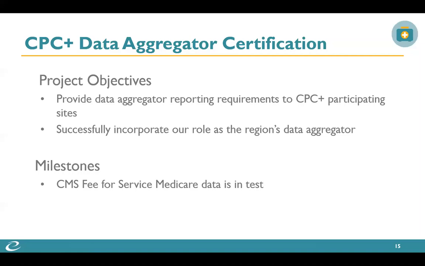Participating CPC Plus practices will utilize HEALTHELINK's population health tool, Healthy Outcomes. This tool, which currently aggregates clinical and claims data, also includes CMS Medicare fee-for-service claims, which will also be used for measure calculations.